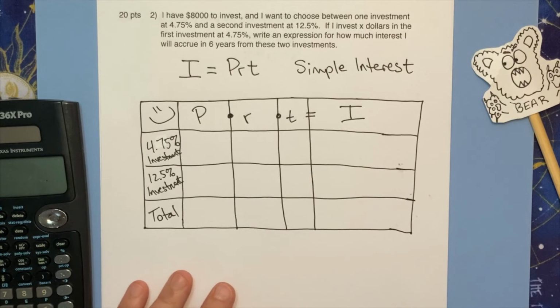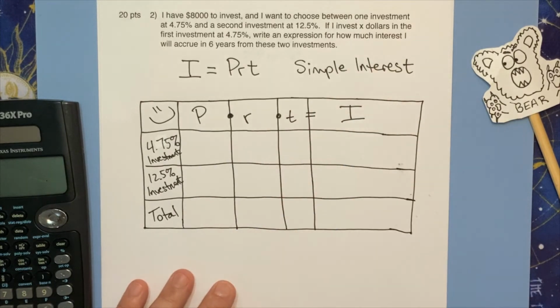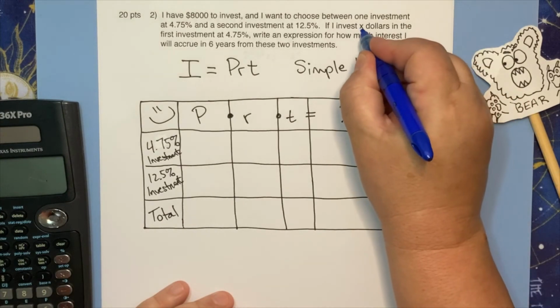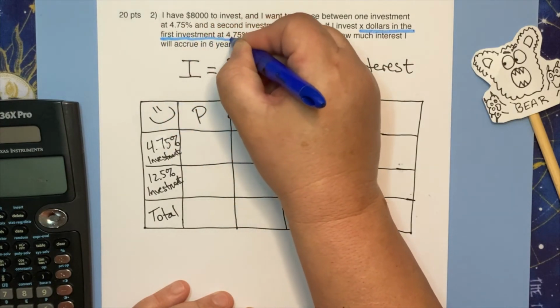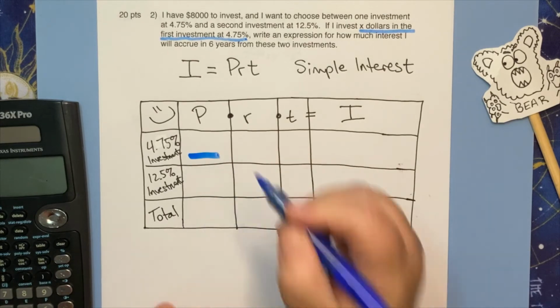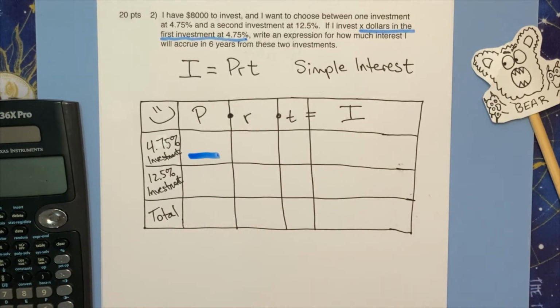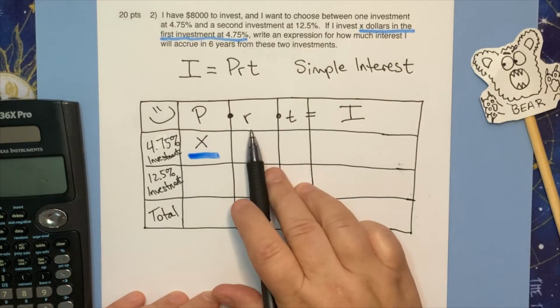It says I invest, in this case, X dollars in the first investment at 4.75%. So that's going to go right here. That's going to be my X. Okay, what is the interest?